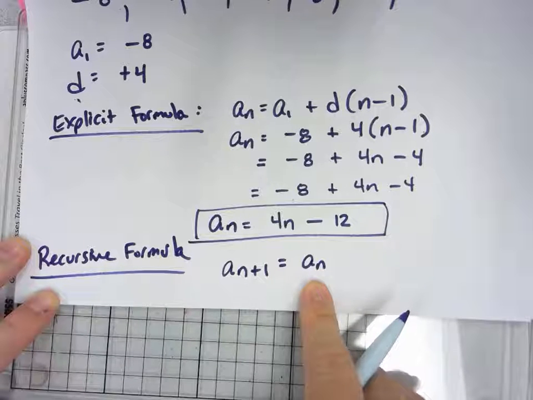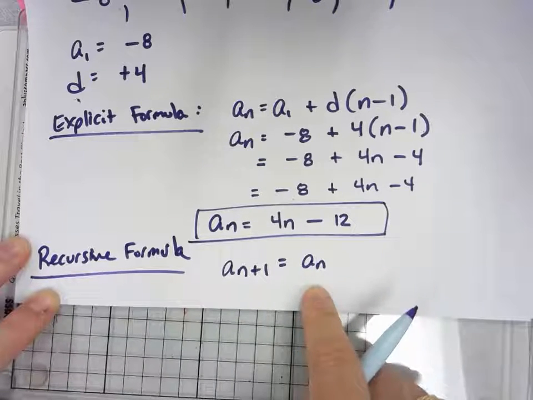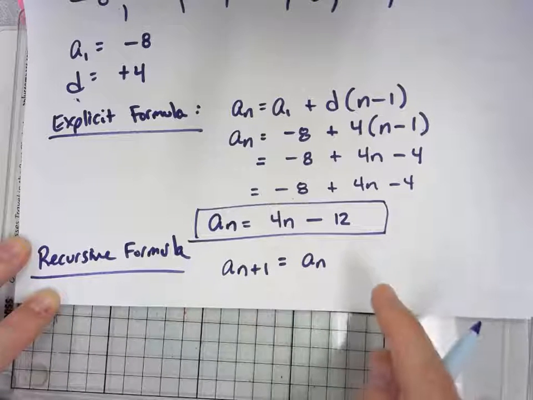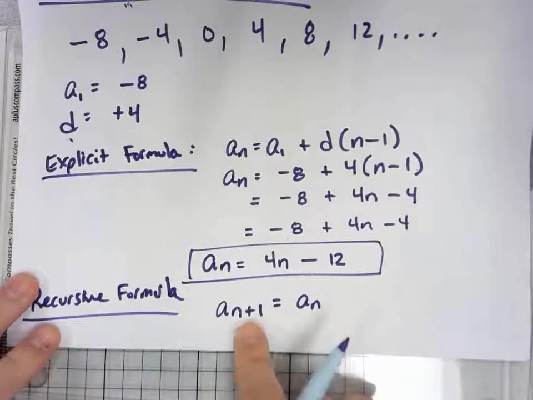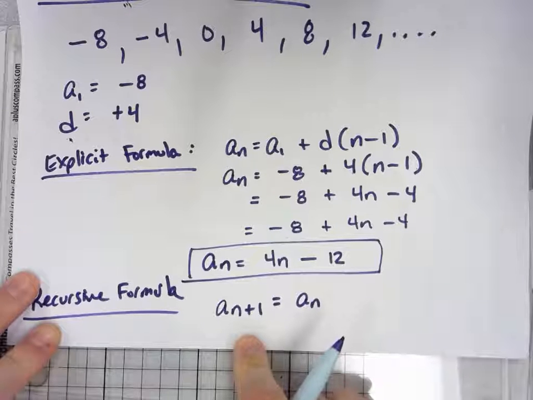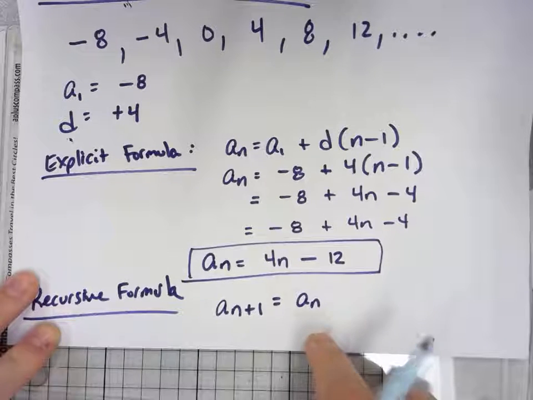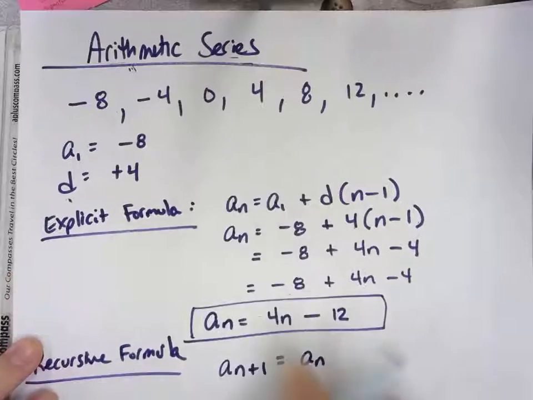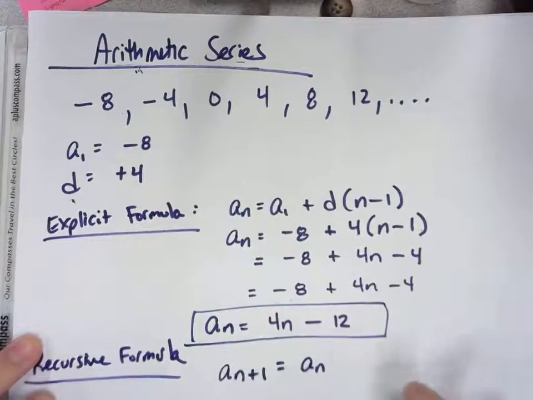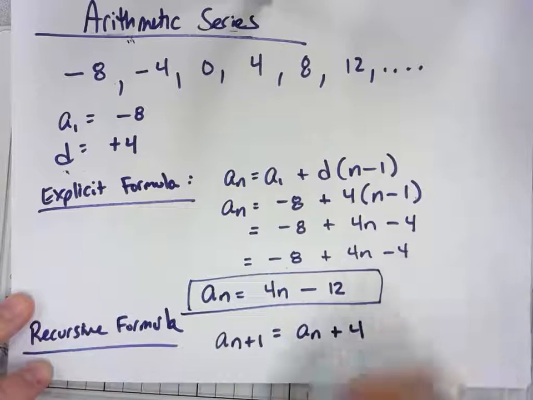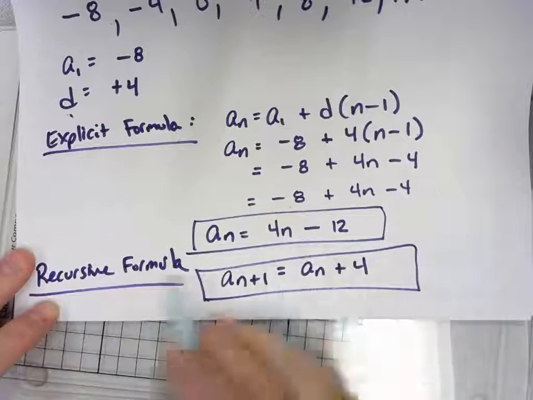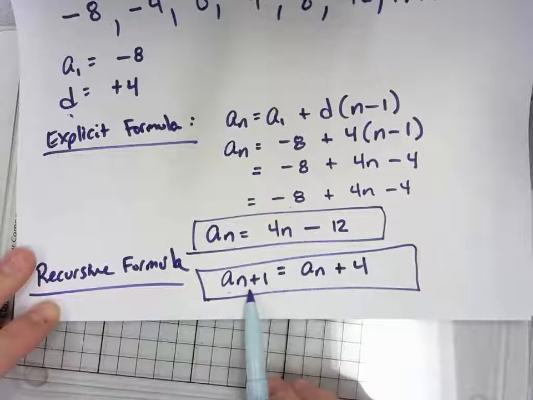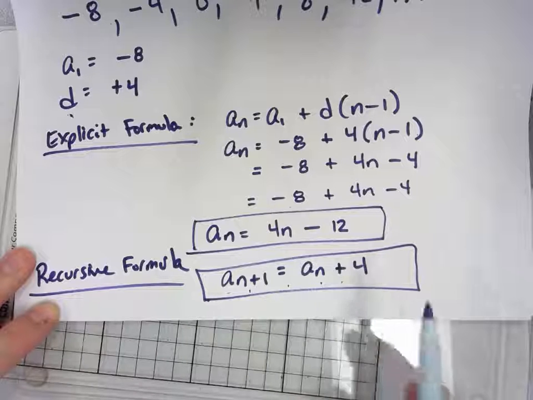That's my previous term, and that's my next term. But what am I doing to the previous term to get to the next term? How do I go from negative 4 to 0? You add 4. So that's all I'm going to write, plus 4, and then I'm done. So the recursive formula is simply a sub n plus 1 equals a sub n plus the common difference.